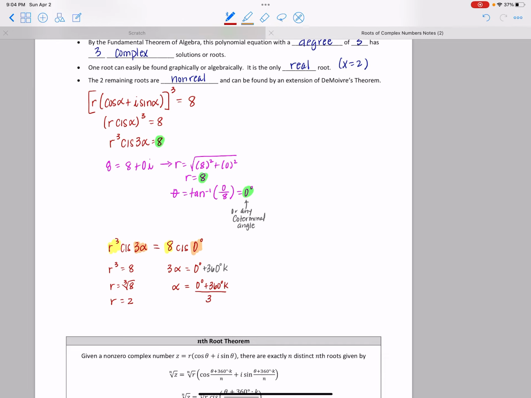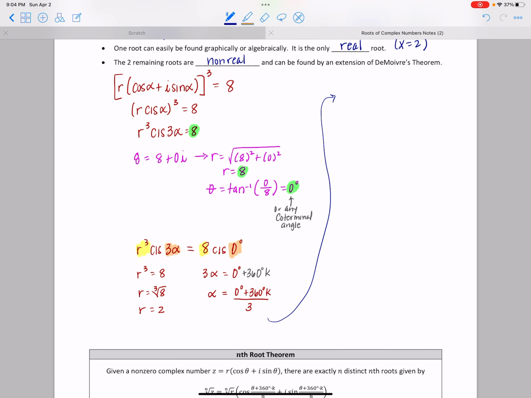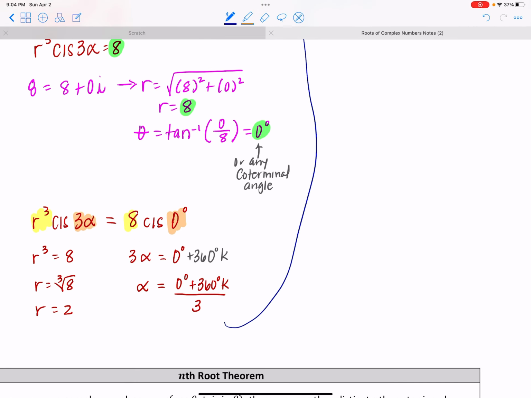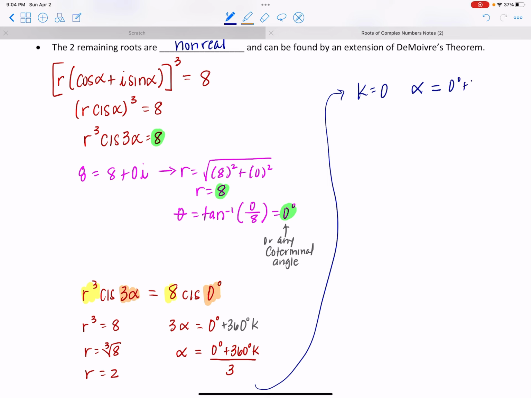Okay, let me go up here with this. Let's say I wanted to figure out what's going to happen when k is equal to 0. If k is equal to 0, then my angle alpha is going to be equal to 0 degrees plus 360 degrees times 0, and then we would divide by 3.